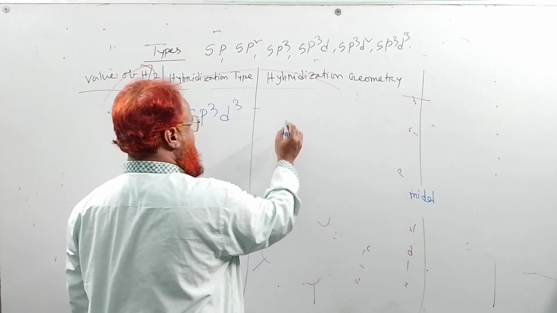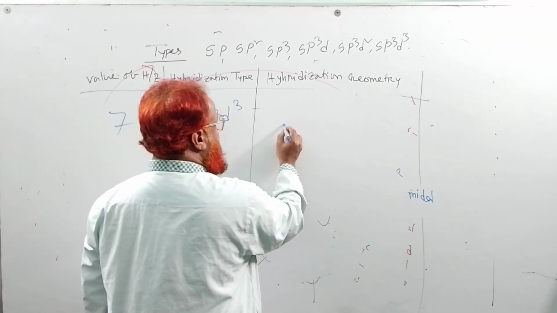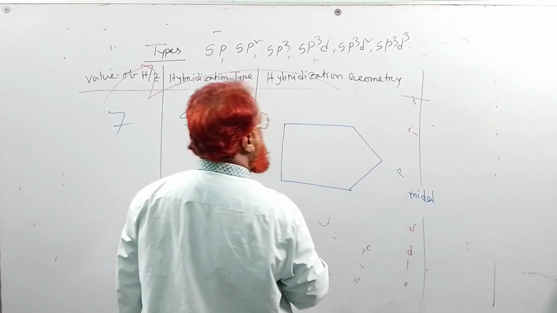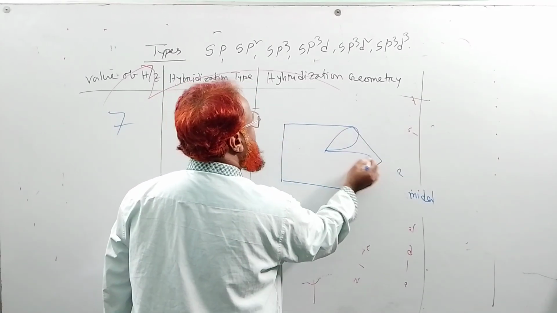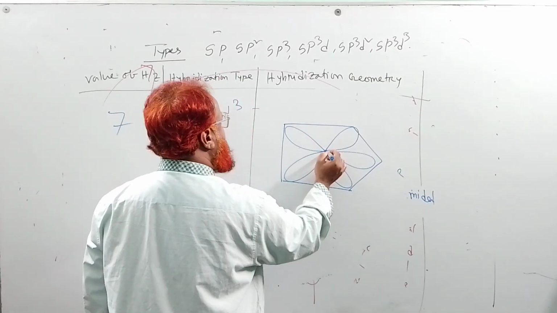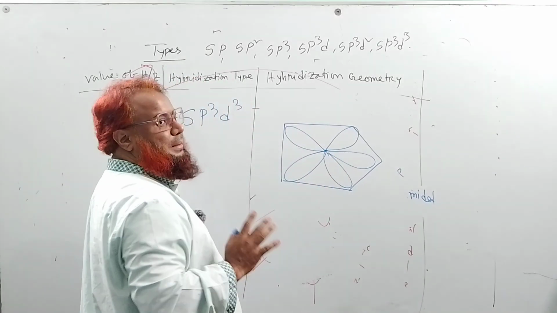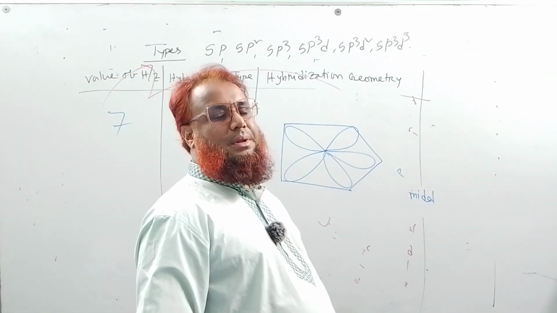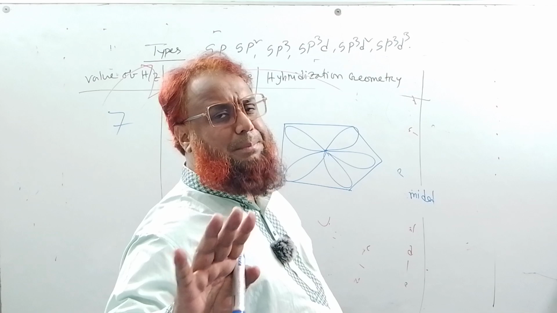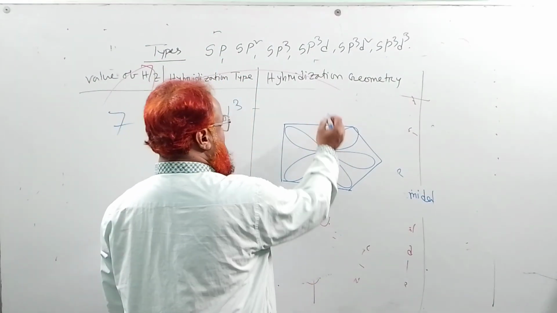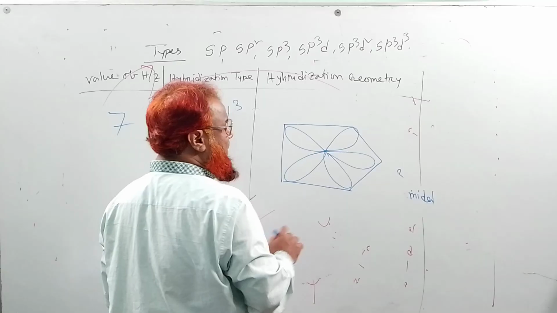So the diagram will be like this: pentagonal, 1, 2, 3, 4 and 5. So 5 hybrid orbitals will be arranged in a plane, pentagonally. So their bond angle will be what?